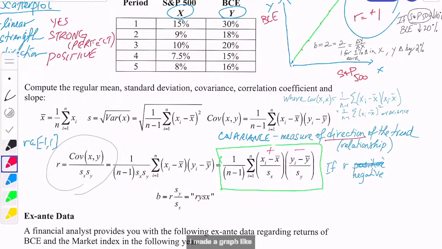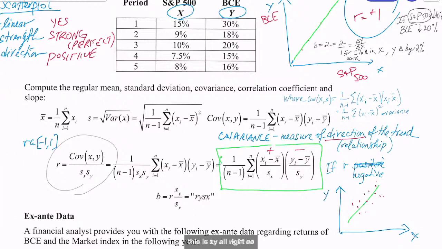That makes more sense if I made a graph like, my line is here and my scatter is all around. This is XY. All right, so the idea would be to float a line so that it's closest to all the points.